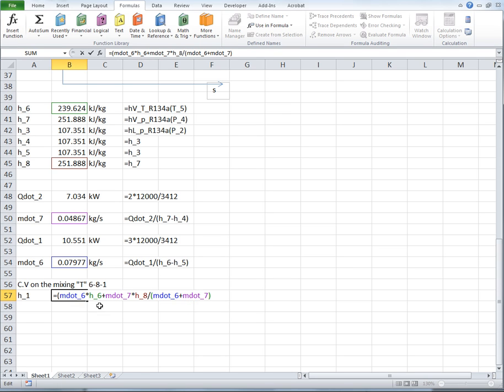So I haven't written the whole equation out here, but I think you can see that what this says is that m dot 6 plus m dot 7 times H1, that's what comes out of that mixing valve, the combined mass flow rates times H1, that's equal to what goes into that control volume, which is m dot 6 times H6 coming from state 6 plus m dot 7 times H8 coming from state 8.